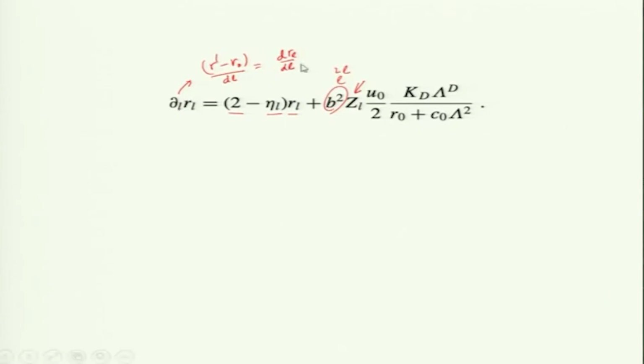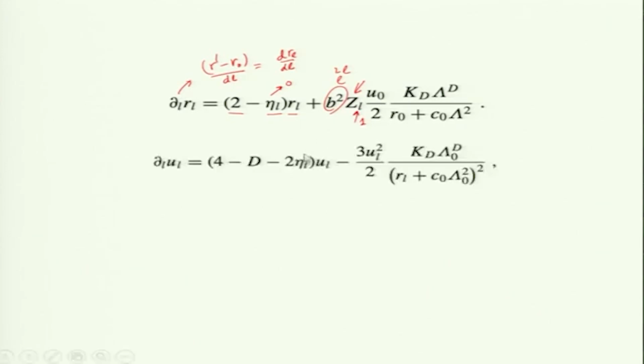Eta(l) is 0 right now, and Z(l) is 1. Ignore eta(l) for the time being; these are slightly more complicated things which we will not do in this course. Same thing with u(l), we get this equation. Skipping algebra, this is what we get. Eta(l) is 0 and Z(l) is 1.